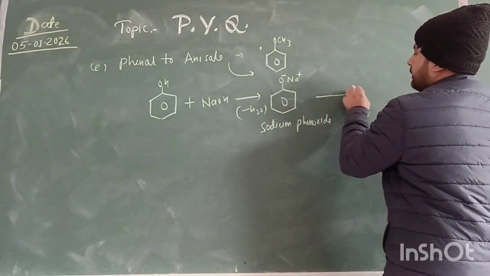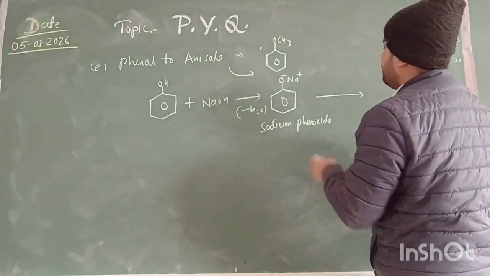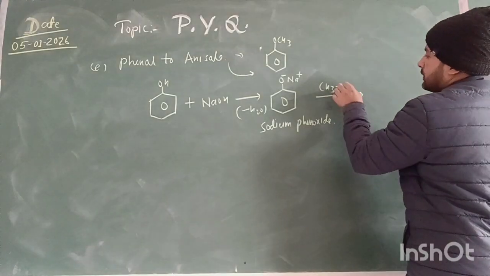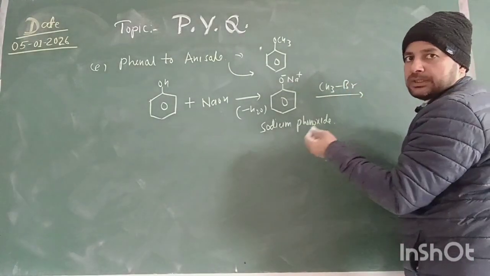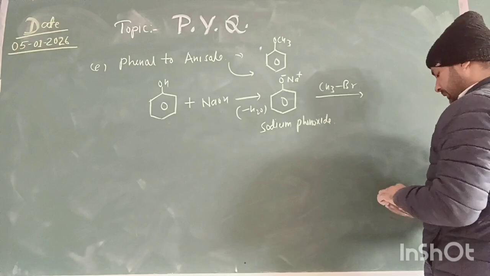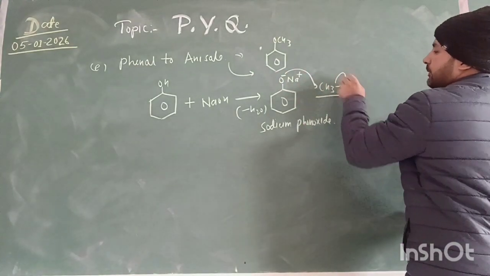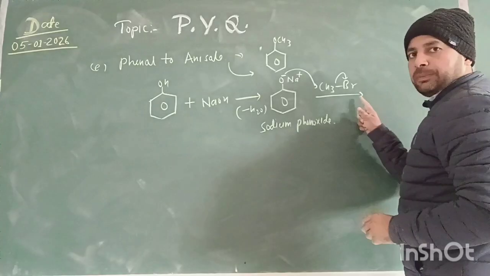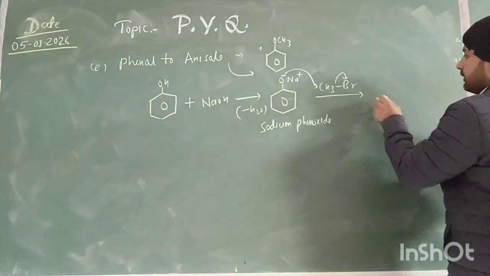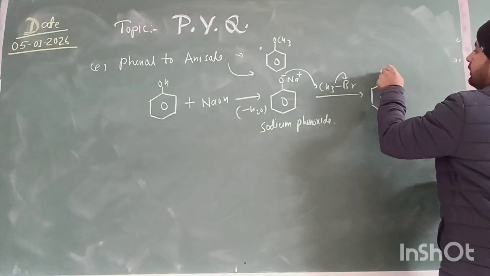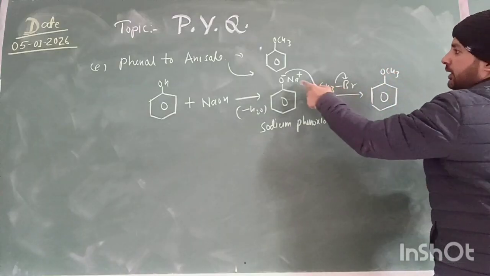Then after we will react it with methyl iodide or methyl bromide. We can react it with either methyl bromide or methyl iodide. So what will happen? This will attack on this portion. Then there will be removal of the leaving group Br minus. So there will be formation of O, CH3 will come here, and Na and Br.